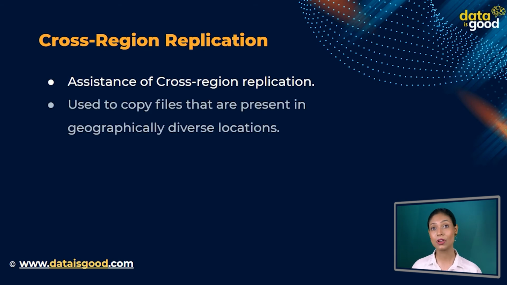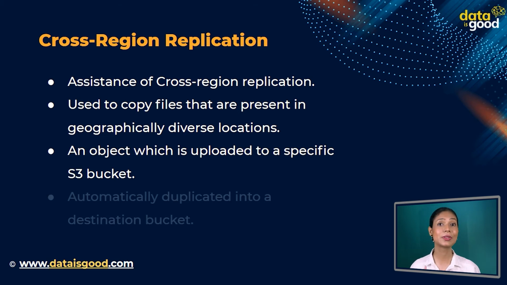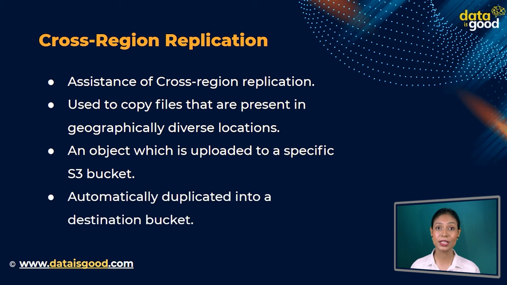It can be used to copy files that are present in geographically diverse locations. At this point, cross-region replication is used by many users, and it has become one of the most used features. When cross-region replication is enabled on the bucket, an object which is uploaded to a specific S3 bucket gets automatically duplicated into a destination bucket.